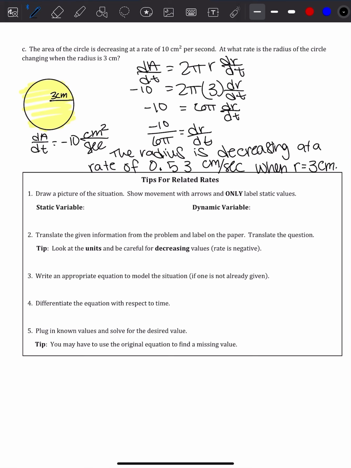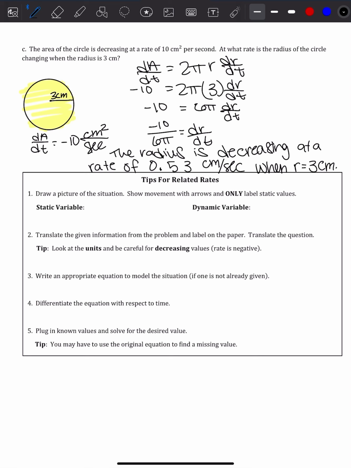There are some things that we can always do with related rates to help us out. First, draw a picture. When we are looking at these pictures, we are going to have static variables and dynamic variables.